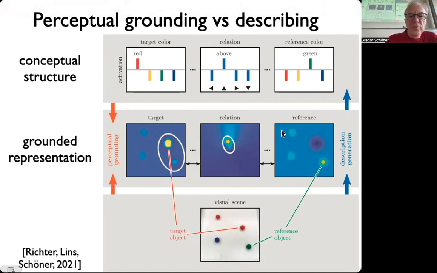And then this would be the grounded representation, the attentional representation, right? That would be a representation where you have some spatial attentional field for targets. So for instance, if this peak is active, then that's where you're attending. You have something for reference, and you have something where you activate the relation.